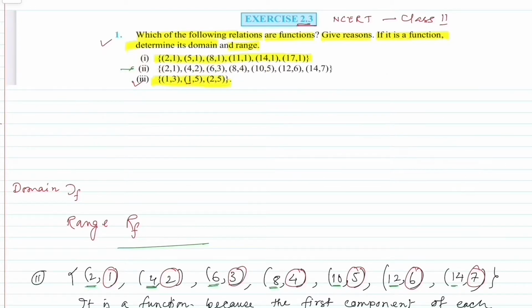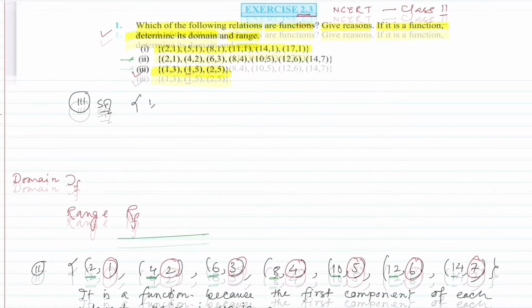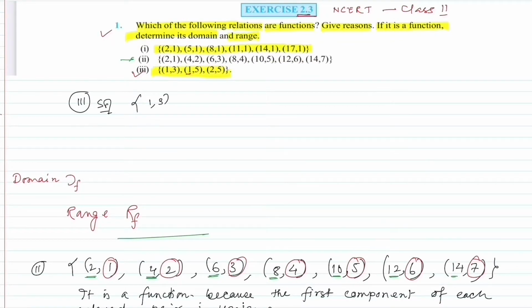So here you see this relation number 3 consists of (1, 3), (1, 5), then (2, 5). As you can see, the first component of these two ordered pairs is the same. This is also 1, this is also 1.